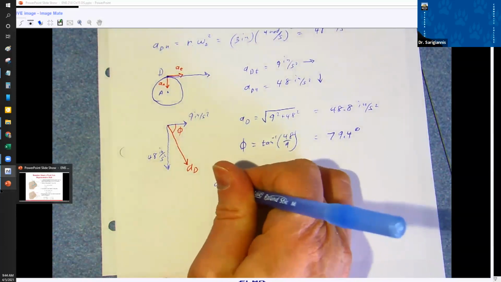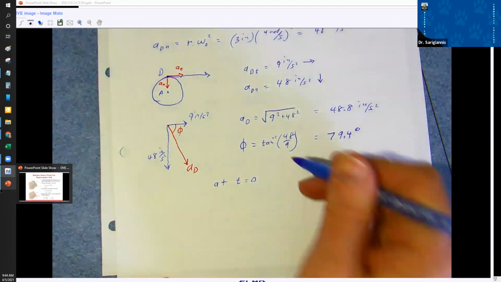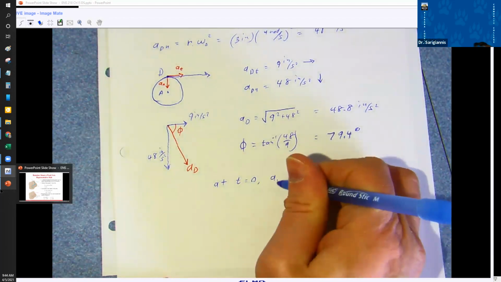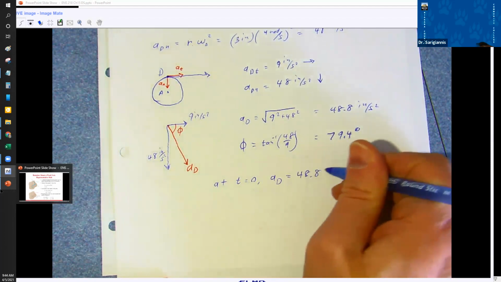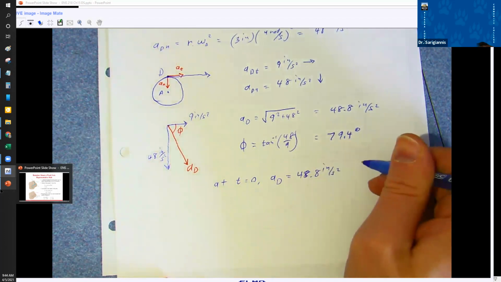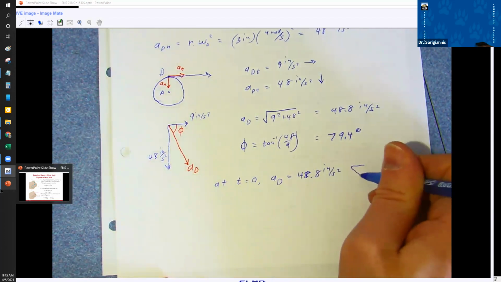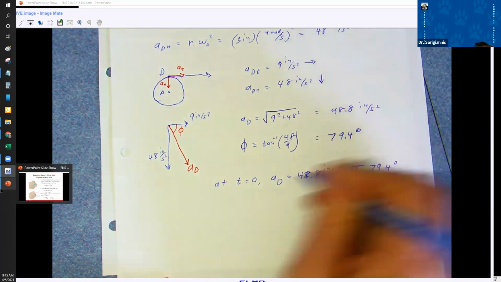So at time equals 0, the acceleration of D is 48.8 inches per second squared at an angle of 79.4 degrees.